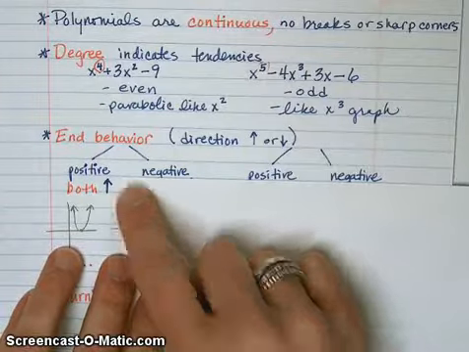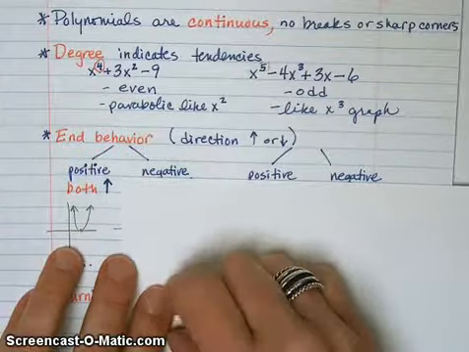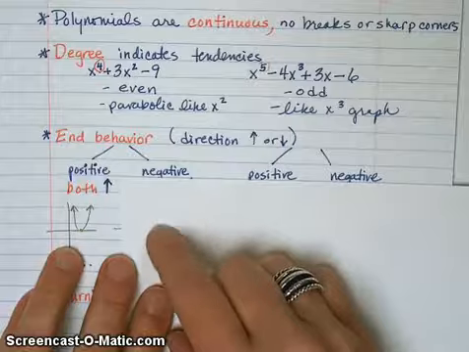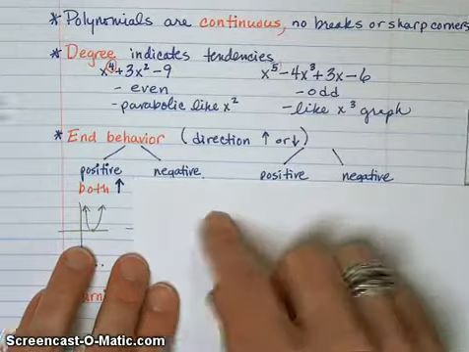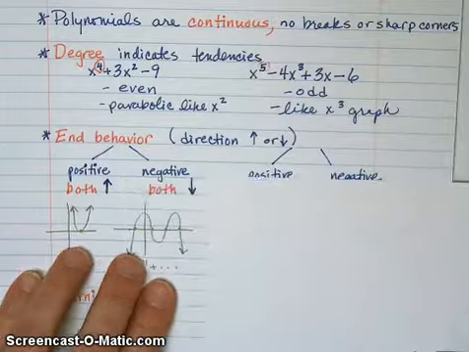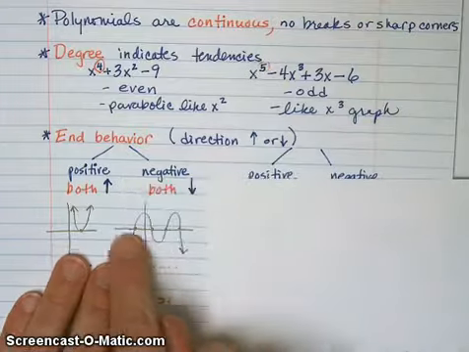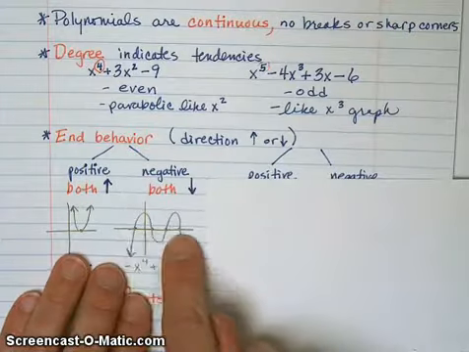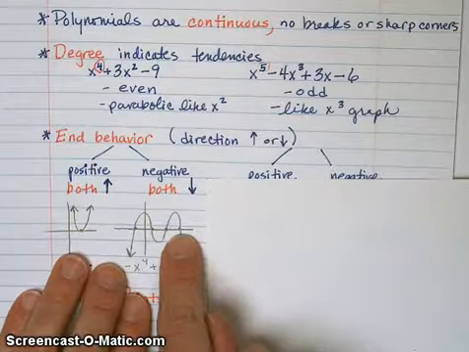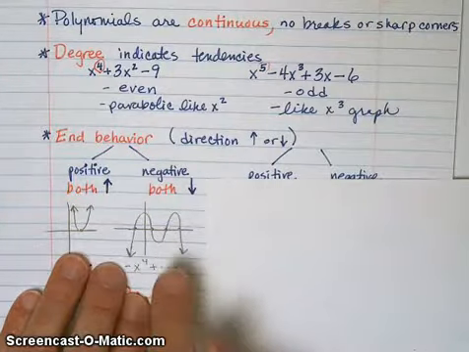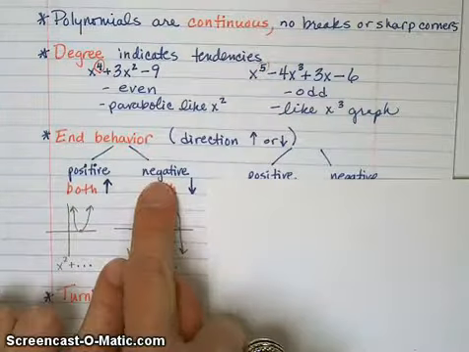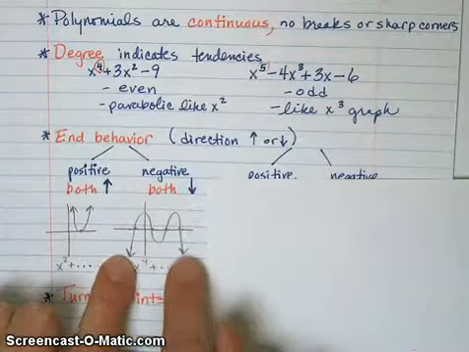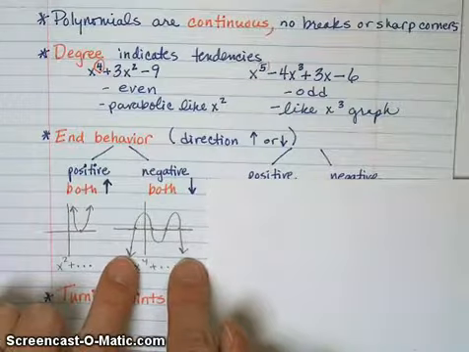And it would be the same with the fourth. They would both be up. But if it's negative, if that was negative x to the fourth, then both ends are down. And now this has 4 zeros. It has 4 places it crosses, and we'll talk about that in a minute. That has to do with the degree as well. But if the leading coefficient is negative, then both of the ends are going down.